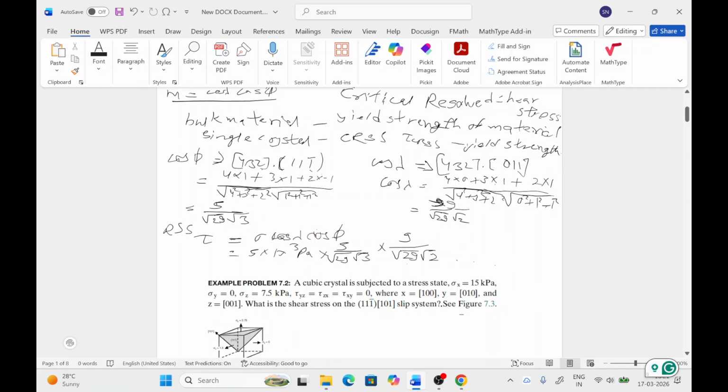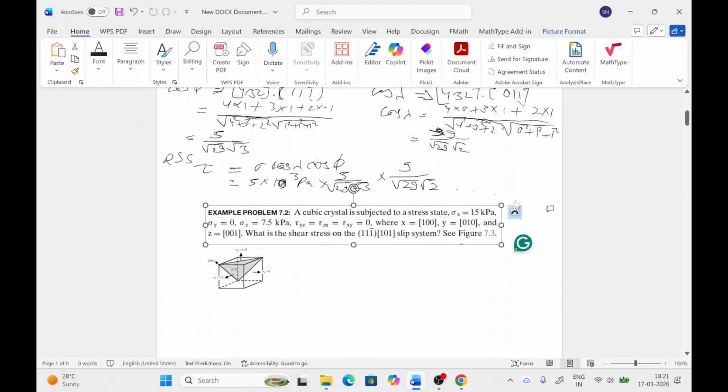So by calculating this, we can obtain the resolved shear stress value in MPa, or kPa we can also define. So is it clear? Can we proceed to the next question?